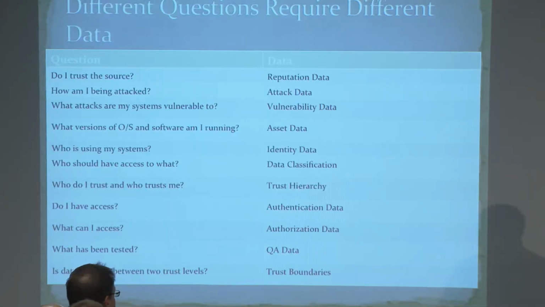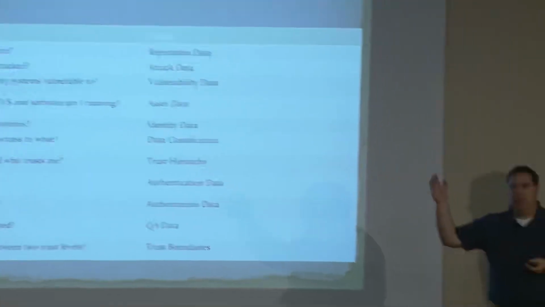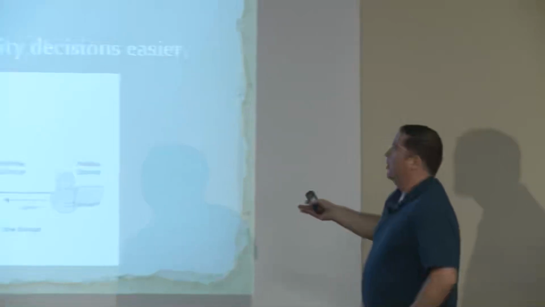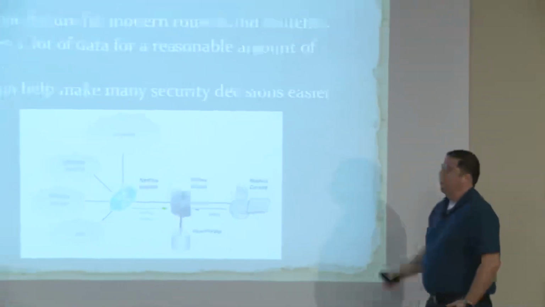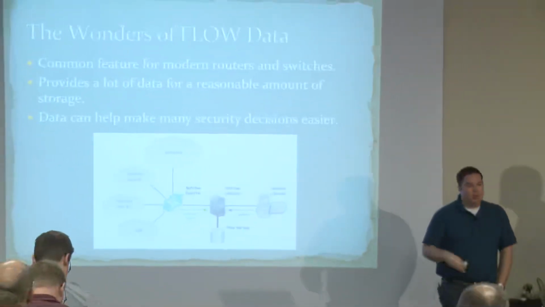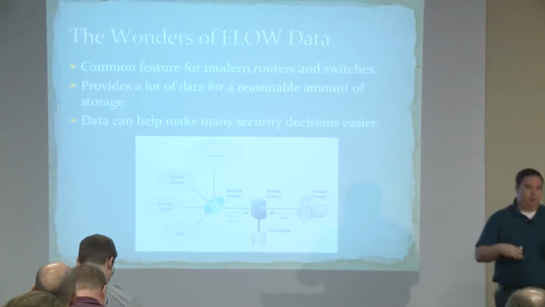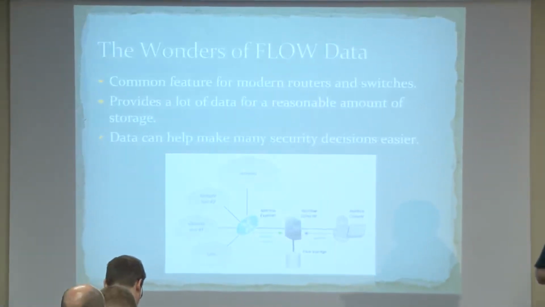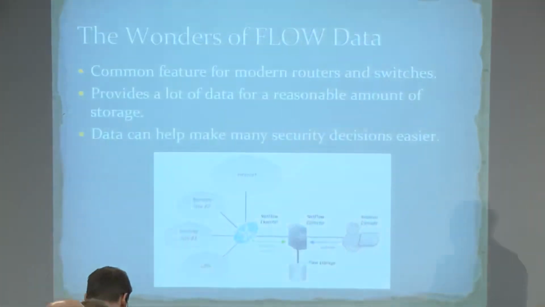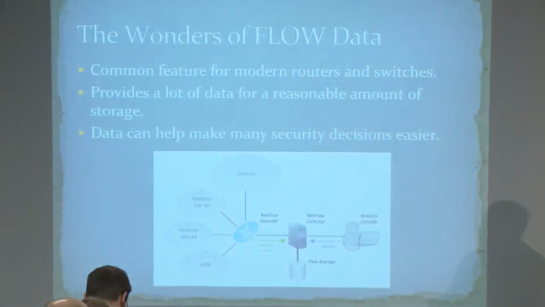Have any of you ever heard of flow or NetFlow? Good, that's fantastic. So we've used flow data for a lot of this. What we've looked at is the ability of NetFlow data or JFlow or just flow in general. This is a common feature for modern routers and switches. If you go out and buy an enterprise grade Cisco router or something like that, chances are high that it's going to have the ability to do NetFlow.